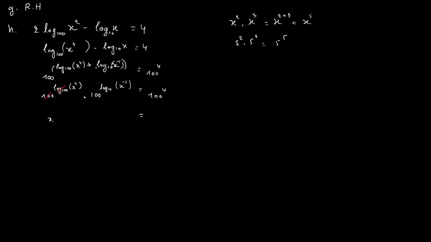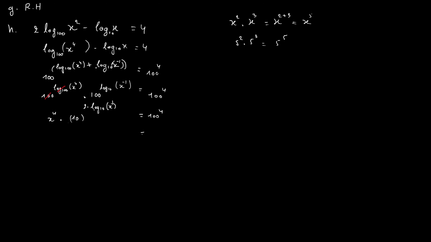So we can say x to the power of 4 times 10 squared to the power of log 10 of x to the power of -1 is equal to 100 to the power of 4. Okay, and what does that tell us? Well, this 2 becomes 2 times this, respecting our rules of exponents.